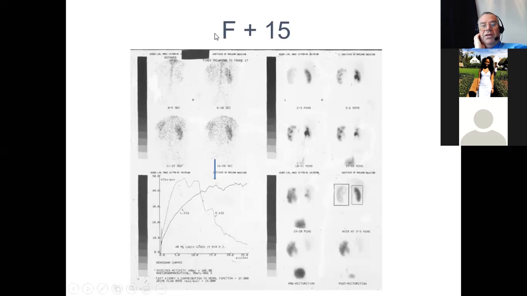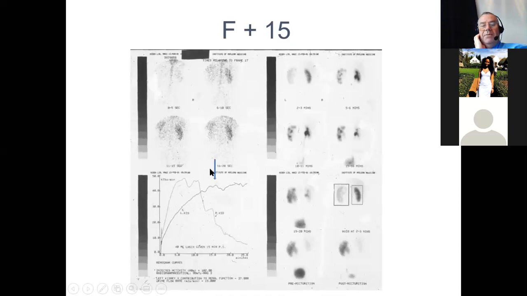Here we've got a patient who's got accumulation of tracer in both kidneys. On the left-hand side, you can see that there's a little bit of activity holding up in the collecting system. On the right side, there's initial hold up, and then there's drainage. So this is the right kidney, hold up a bit, then drainage. The left kidney, it doesn't drain.